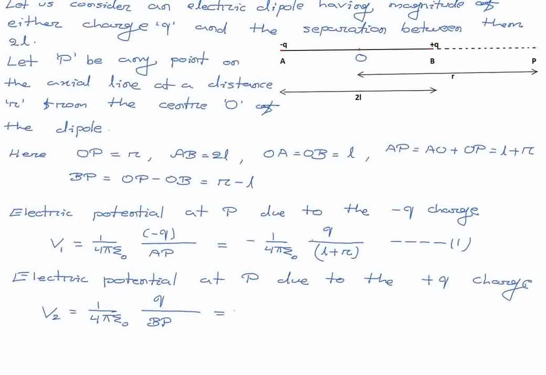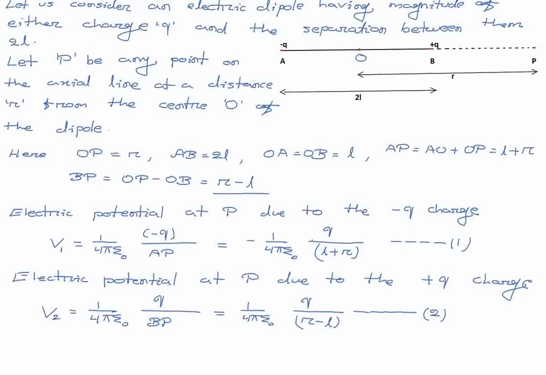So this is equal to 1 by 4 pi epsilon naught Q divided by r minus L, because BP is equal to r minus L. So let us write this as equation number 2.